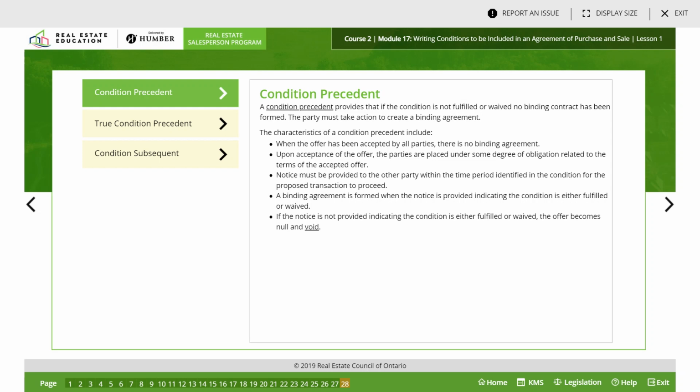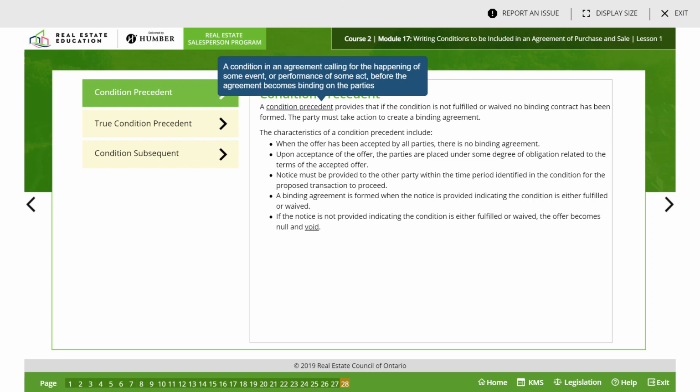Upon acceptance of the offer, the parties are placed under some degree of obligation related to the terms of the accepted offer. Notice must be provided to the other party within the time period identified in the condition for the proposed transaction to proceed.